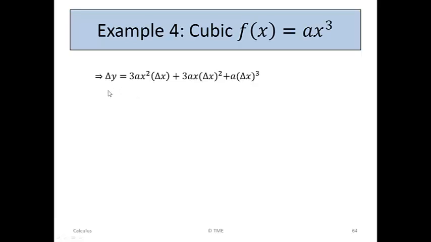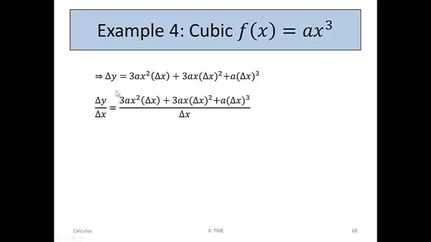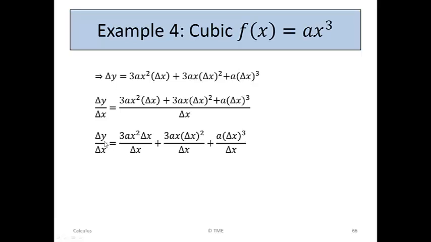Taking that to the next page, we have it written here, and we can now progress to look for delta y over delta x. So dividing both sides by delta x, we get 3ax squared delta x plus 3ax delta x squared plus a delta x cubed all over delta x. We can split this into three parts. That's the same as 3ax squared delta x over delta x, plus 3ax delta x squared over delta x, and then a delta x cubed over delta x.